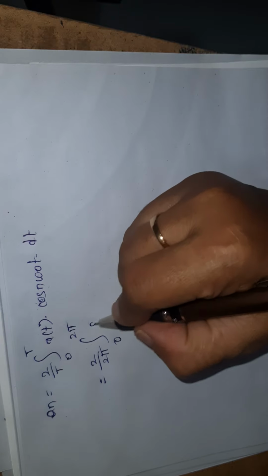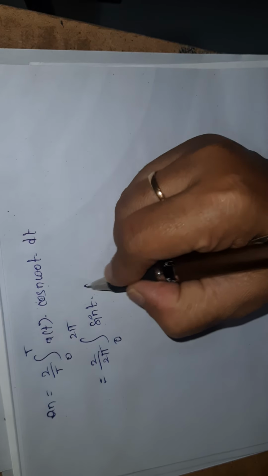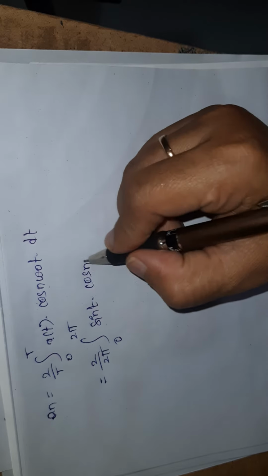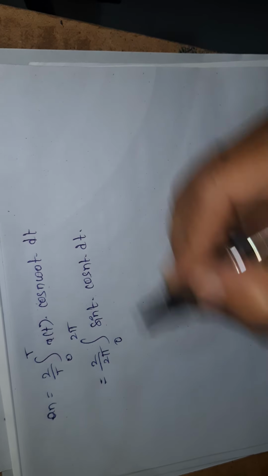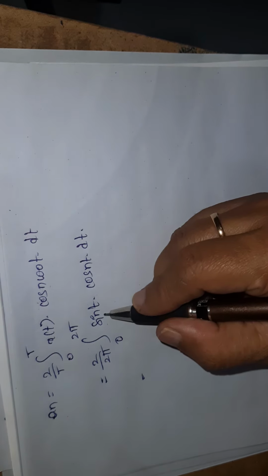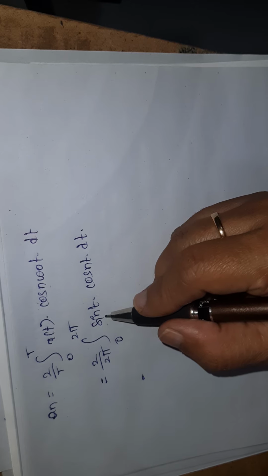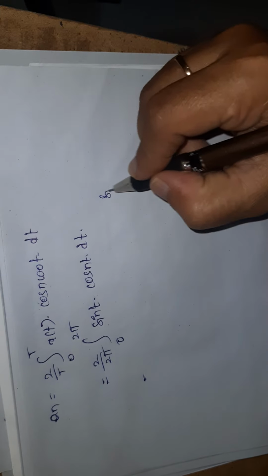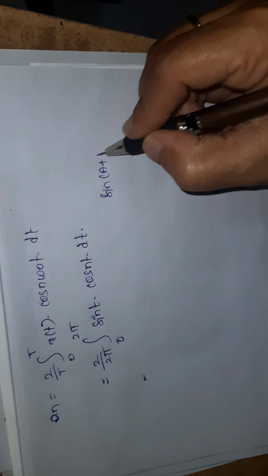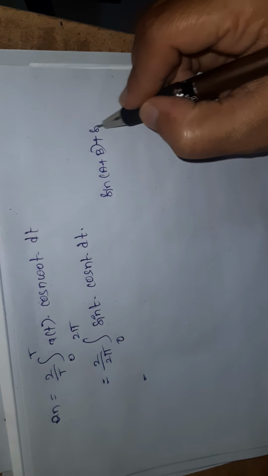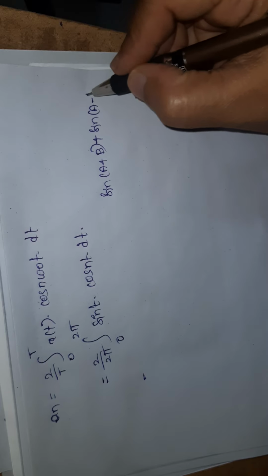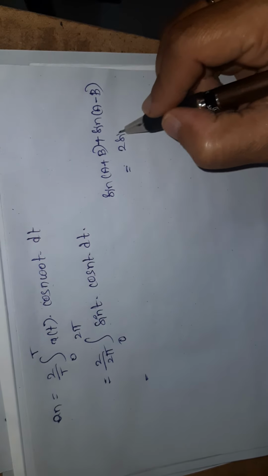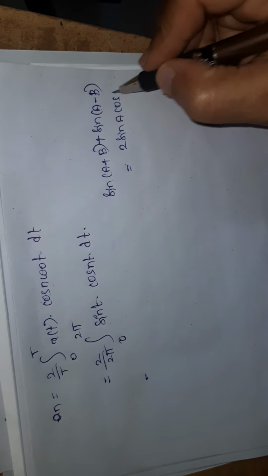What is x of t? Sin t into cos n omega naught t, and the omega naught value is equal to 1, so cos nt into dt. We always know the formula that sin of a plus b plus sin of a minus b is equal to 2 sin a cos b.